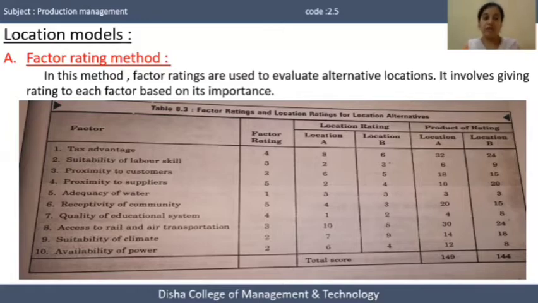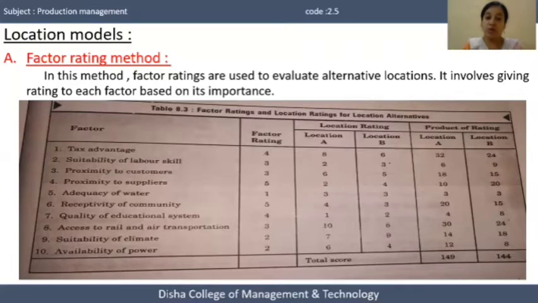So if the industrialist adopts this method for identifying a good location, first he has to identify various factors which are important to them. After identifying various factors, he has to rate those factors. And generally he uses a 1 to 5 rating scale for rating those factors.